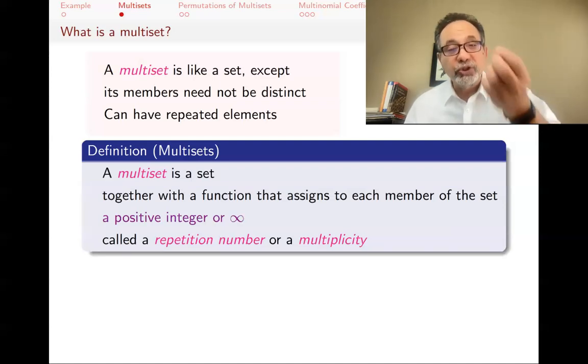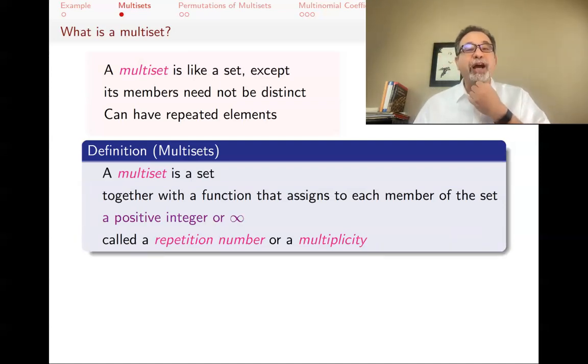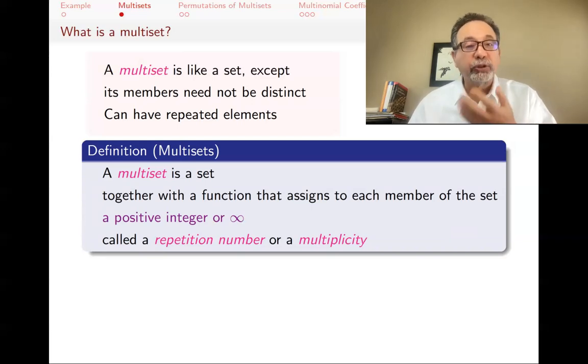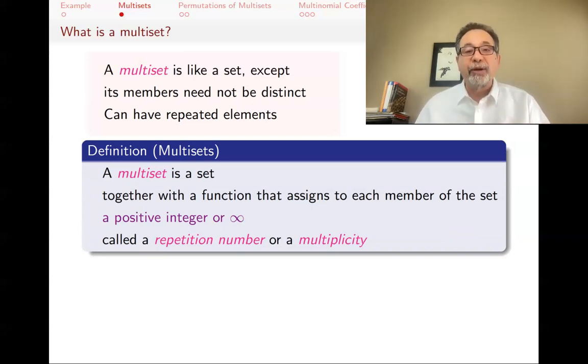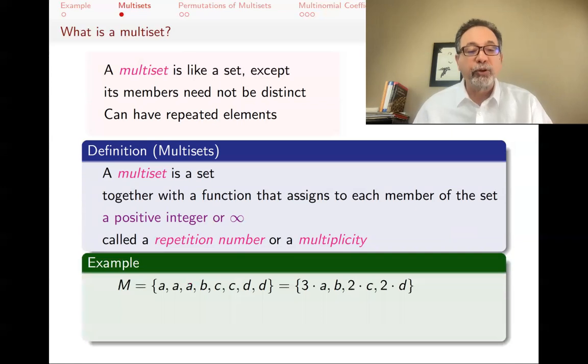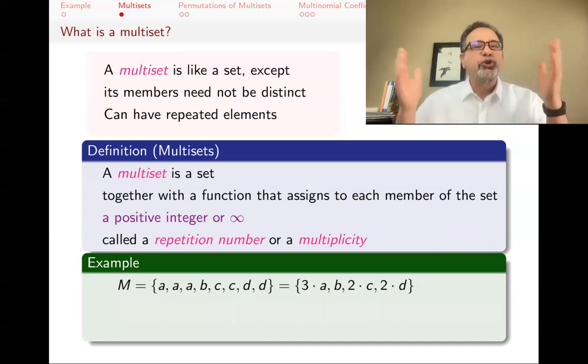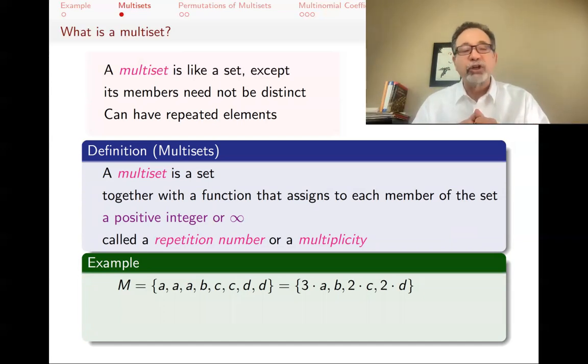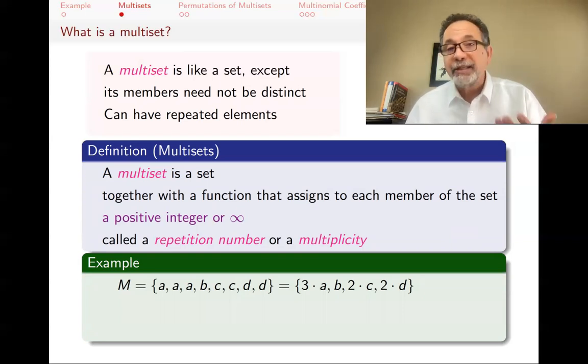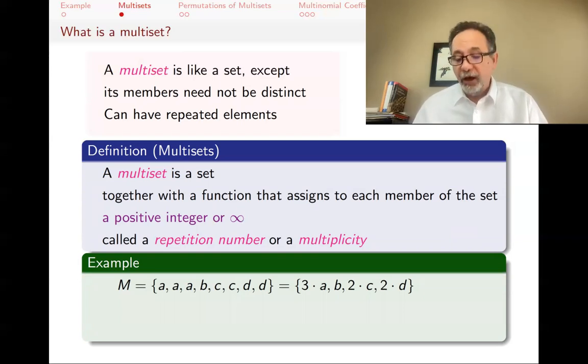That integer that you assign to each member of the set is called the multiplicity or the repetition number of that element. So for example, the multiset A, B, C, C, D, D, I really should not use the set notation, but I don't want to clutter it with some other notation, meaning 3 A's, 1 B, 2 C's, and 2 D's, is an example of a multiset.